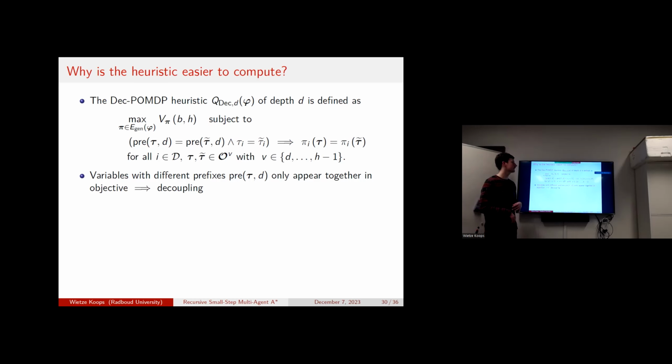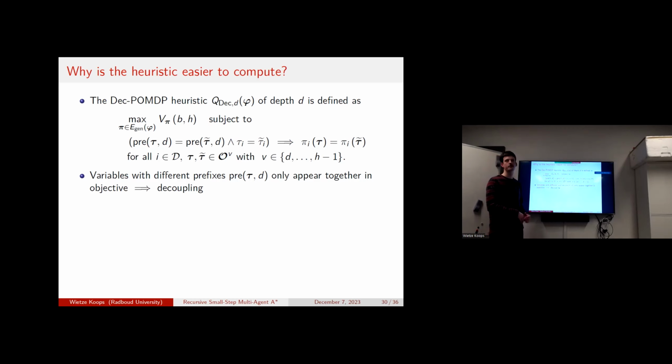And that's exactly because here we have this POMDP property: if we see these different policies as the variables we want to optimize over, then variables with different prefixes only appear in the objective. They're not going to appear together in the constraints, because that's exactly what this tells me. If I have this constraint, then these two prefixes were equal. And that means that we can decouple that.